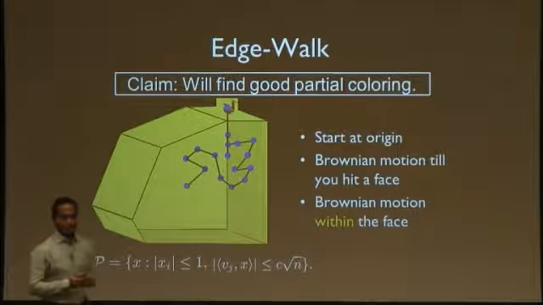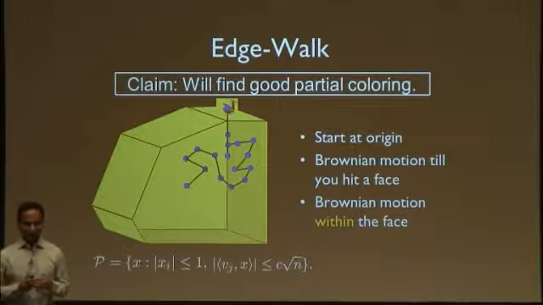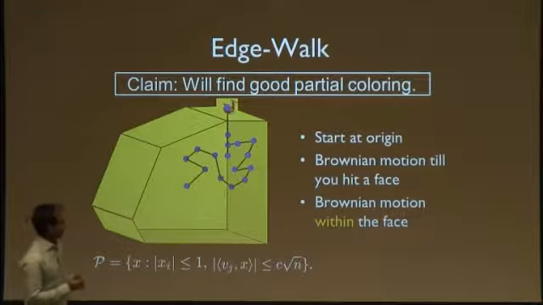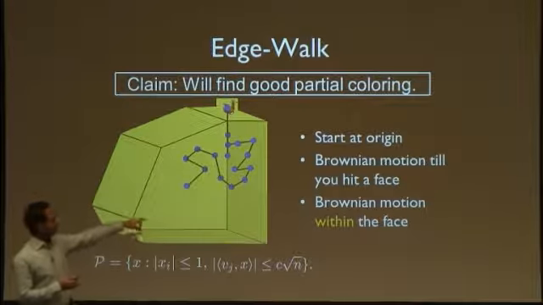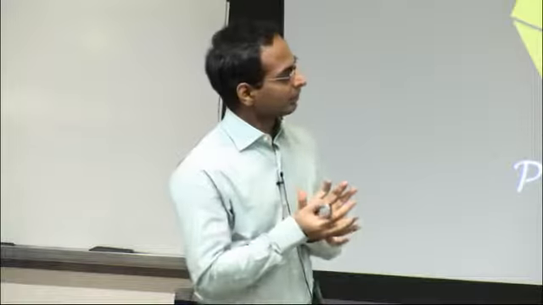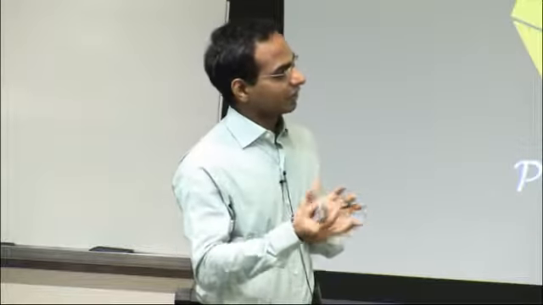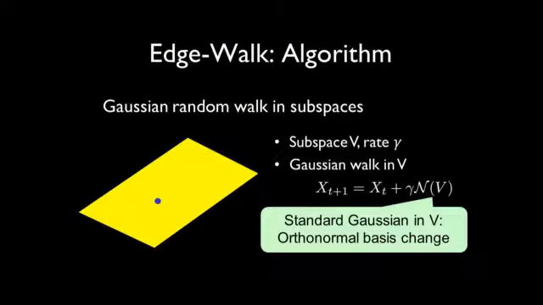You can hit either the color phase or the discrepancy phase. Exactly, that's the point. Let me describe the algorithm fully, because this continuous Brownian motion is nice for intuition, but when you try to implement it, it's a bit problematic. So, to make the algorithm formal, let me describe the random walk that we'll use.